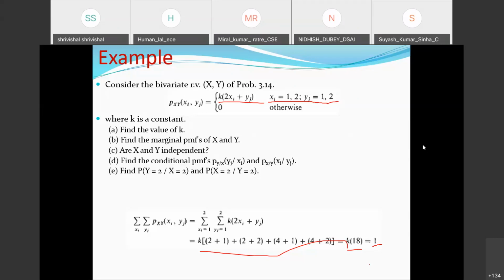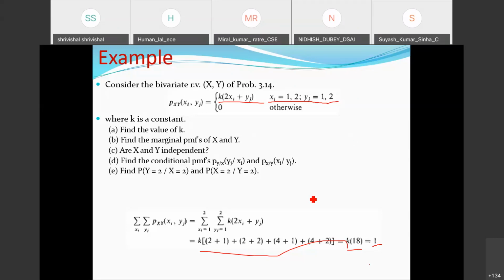Y plus 3 is coming 9. So all of you have calculated the marginal probability mass function of x and y respectively.